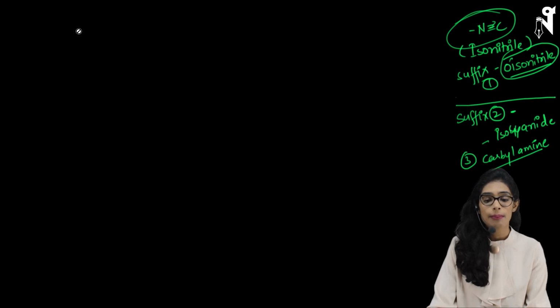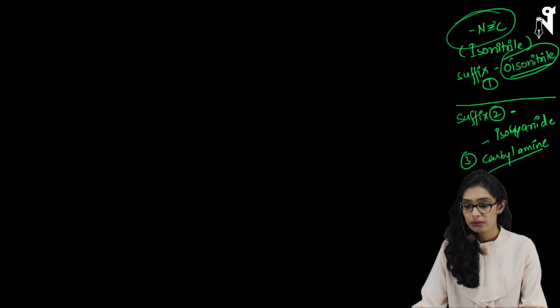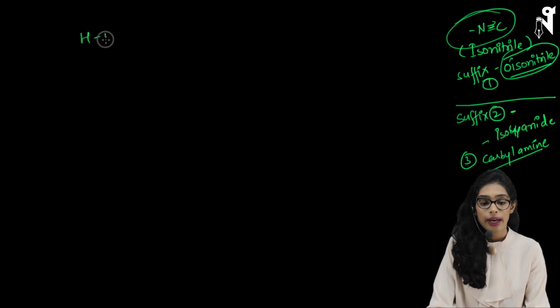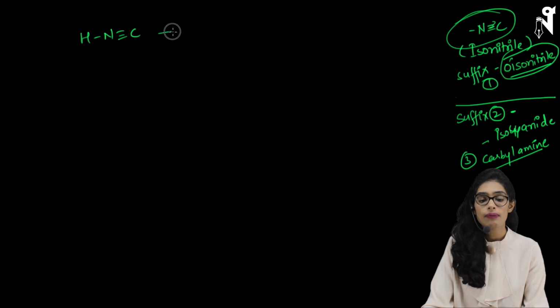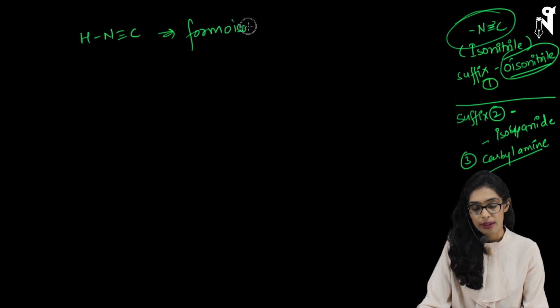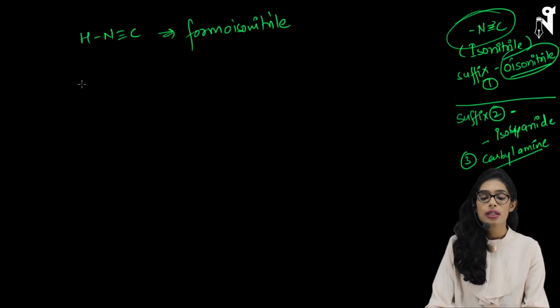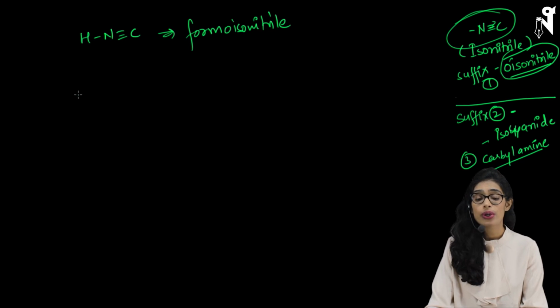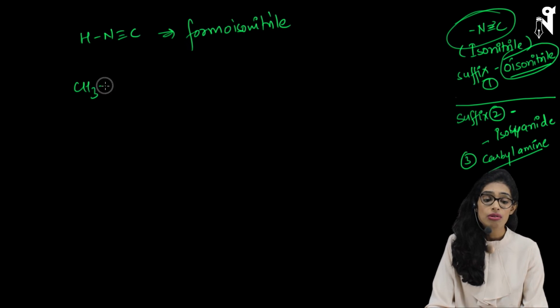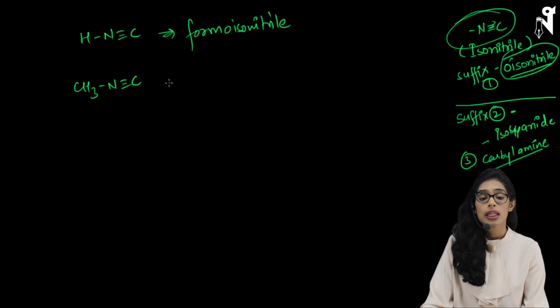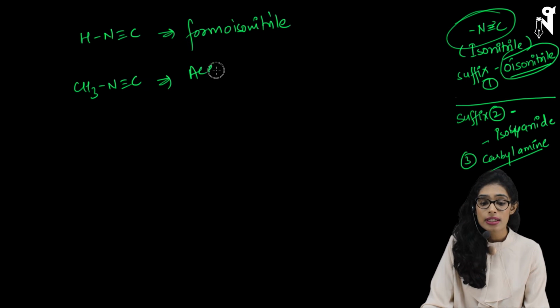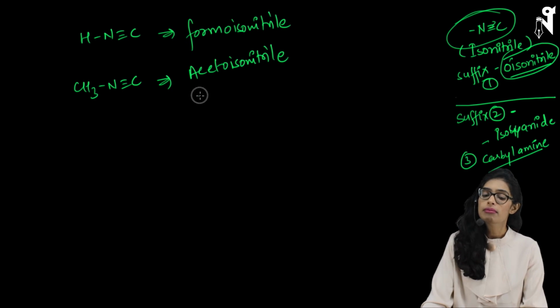Let's say I take the example of HNC, then the name will be formoisonitrile. Nothing complicated over here. Now complexity will come when we have more carbons. Let's say I have CH3N triple bond C, the name can be acetoisonitrile. This is one name.